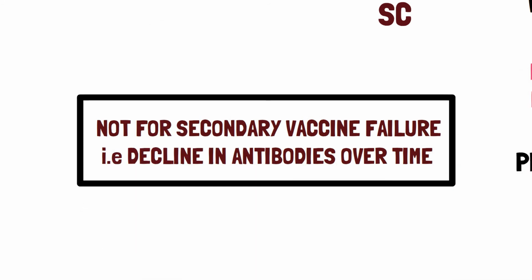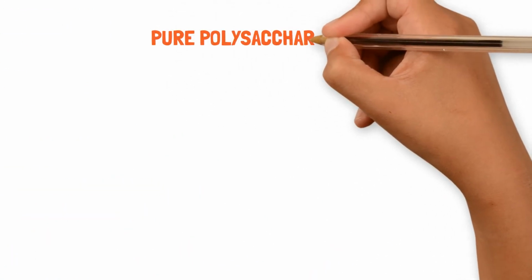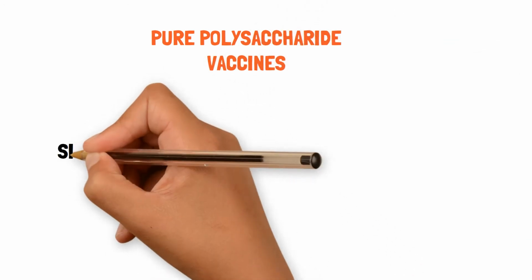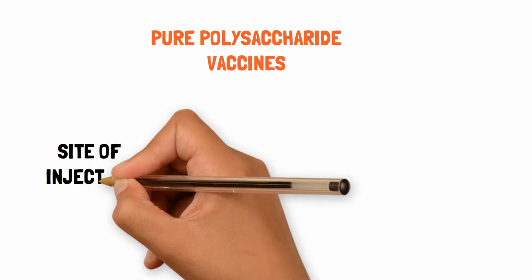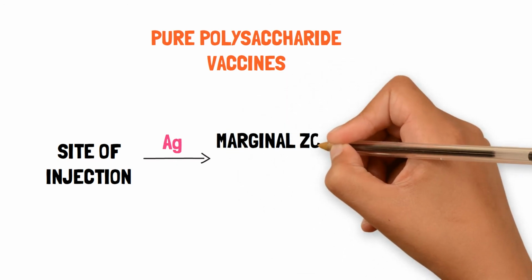Let's talk about pure polysaccharide vaccines. Here, from the site of injection, the antigen, without the help of dendritic cells, reaches the marginal zone of the spleen and lymph node.